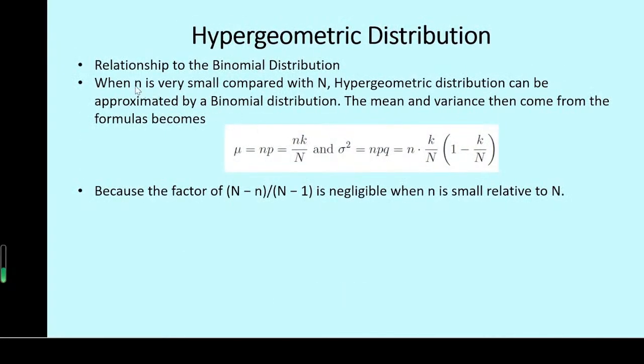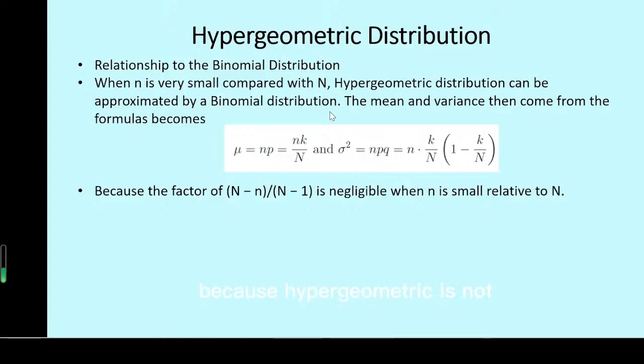We said that the relationship to the binomial distribution holds when n is very small compared to N. For example, if you have 1,000 total items, and we just select 3 of these 1,000, then n is very small compared with N. So the hypergeometric distribution can be approximated by a binomial distribution, with a constant success rate.